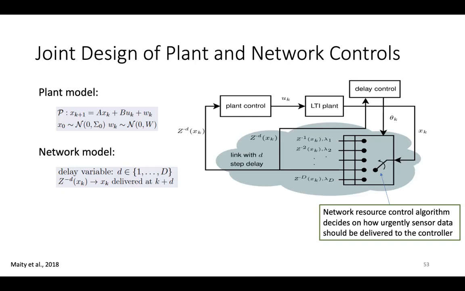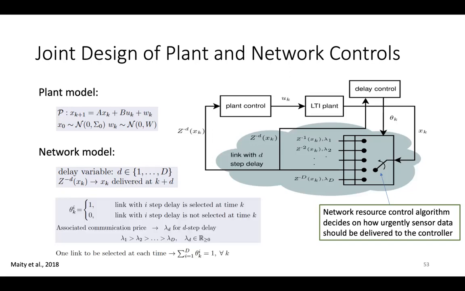While if we are putting fewer resources in, it will take longer. And there is a delay controller that is basically regulating this. It's a very simple model, but also quite natural, and we could imagine putting a price depending on which link we choose to communicate over.